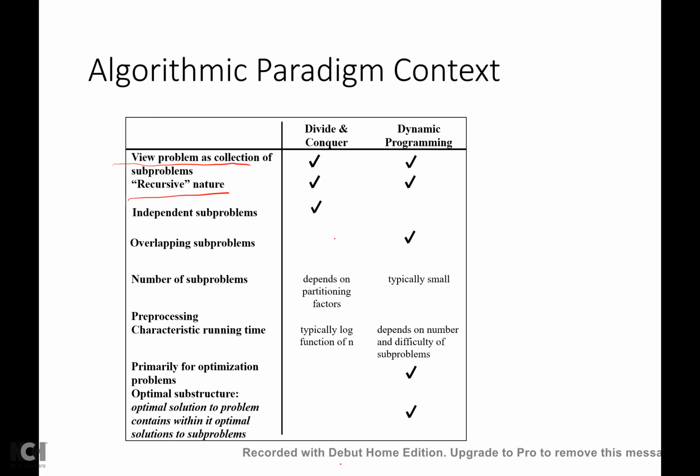But the difference is that divide and conquer has independent sub-problems, while dynamic programming uses overlapping sub-problems. And dynamic programming is primarily for optimization problems. We could have optimal substructure, where an optimal solution to a problem contains within it optimal solutions to its sub-problems.